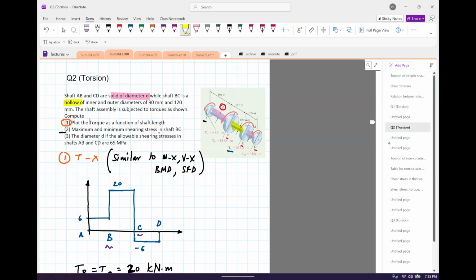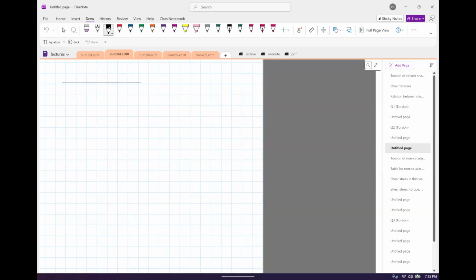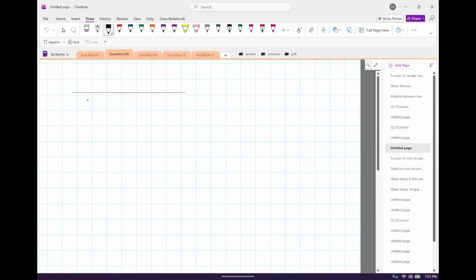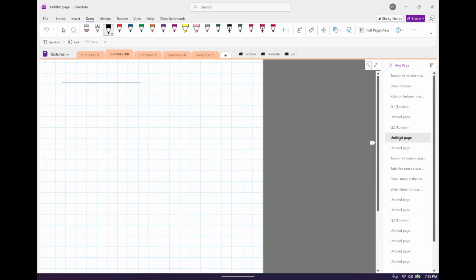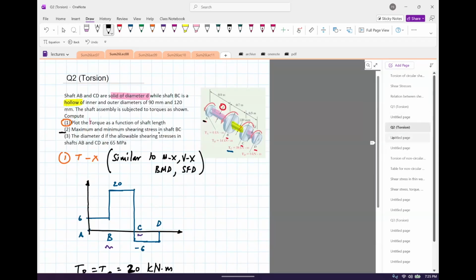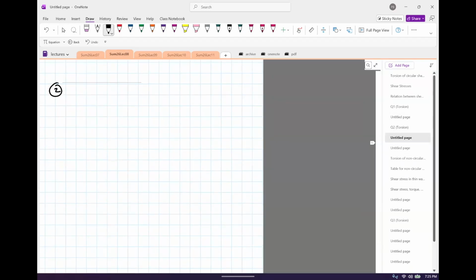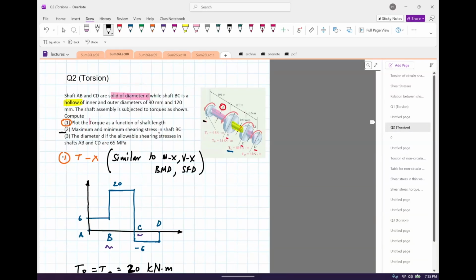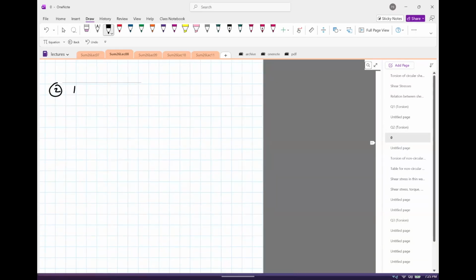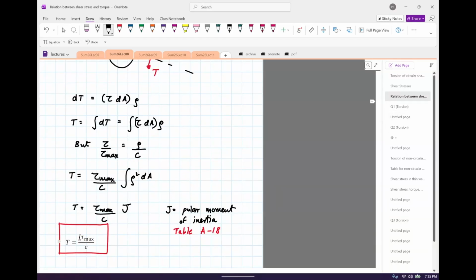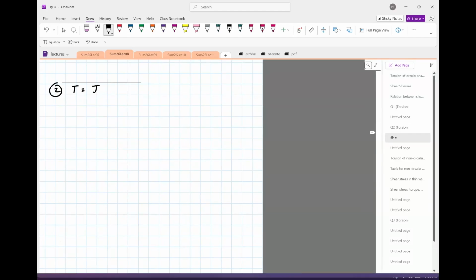So the formula we have, and actually for B, it's part 2, part 1. So T is just this formula: J tau max divided by C. This max will occur on the outer one, clearly.